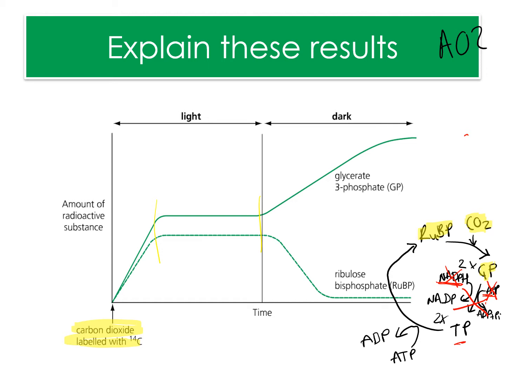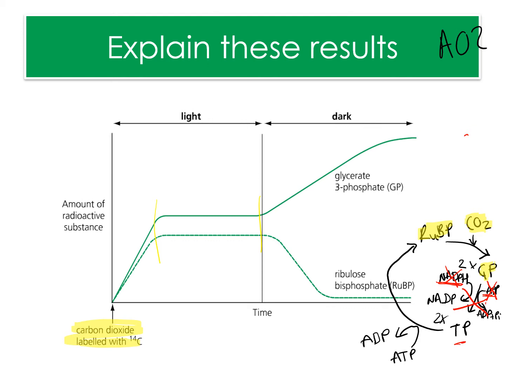So RuBP is being used up and converted into GP. But GP is not being converted into RuBP, so we're not making any more RuBP. Once the RuBP is completely used up, then we can't form any more GP, which is why it's starting to slow down here at the top of the graph.